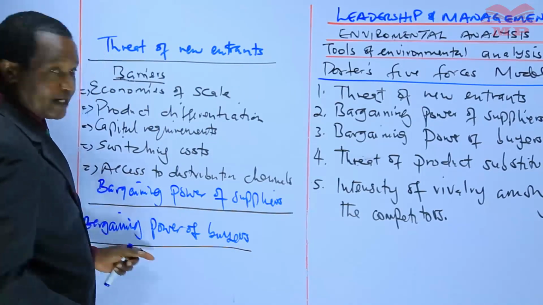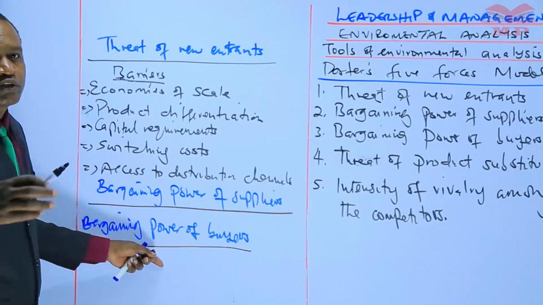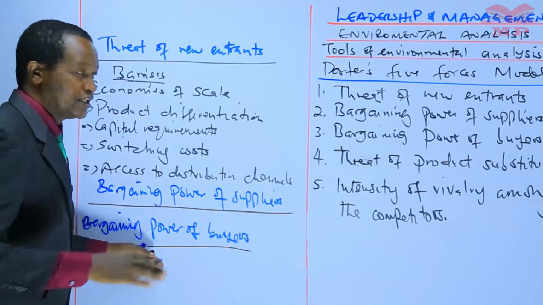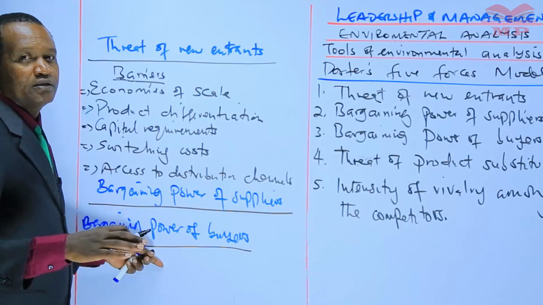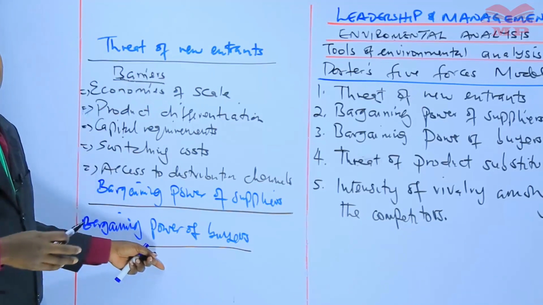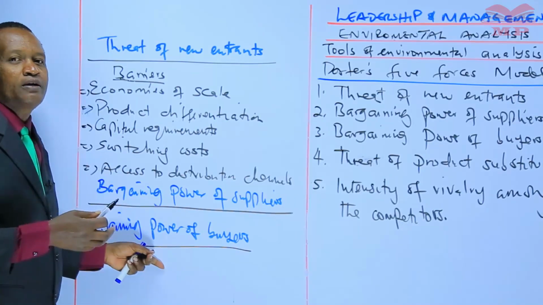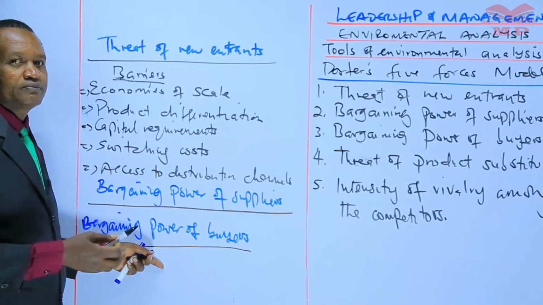Now, candidates, the buyers affect an industry through their ability to force down prices. They're able to bargain for higher quality or for even more services, but pay for less.